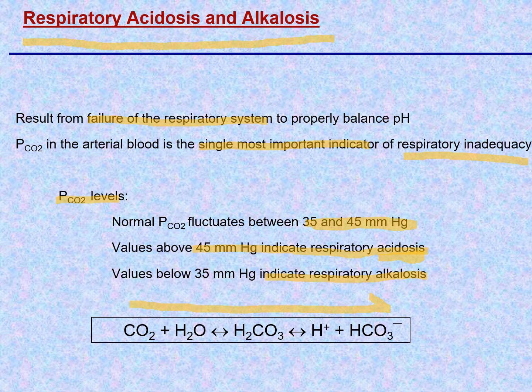And the reason is that with a low CO2, these components are higher in concentration, and the equation now starts to move from right to left. And so CO2 is building up and hydrogen ions are getting reduced, and therefore pH is rising and you're into alkalosis.